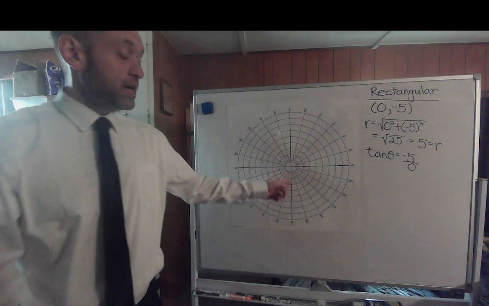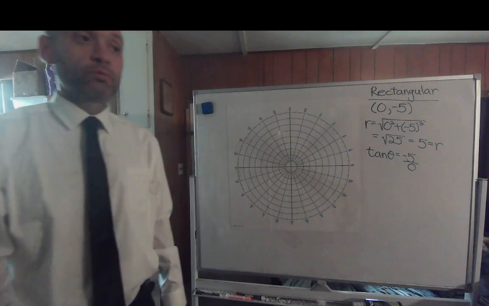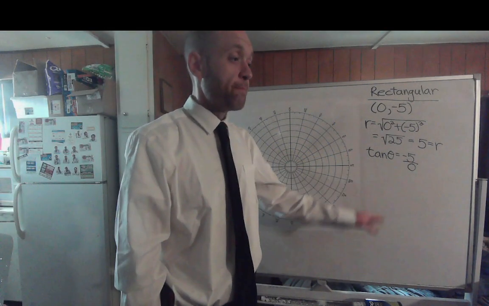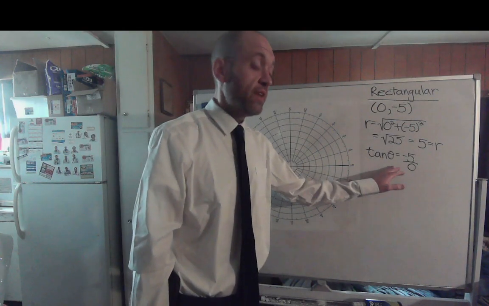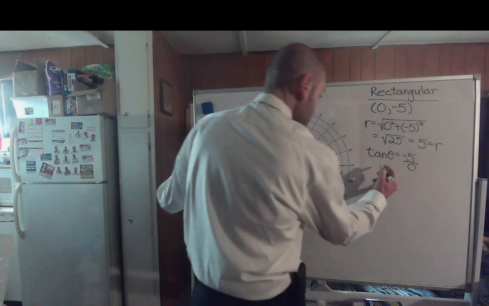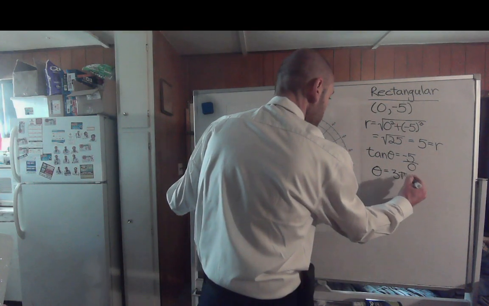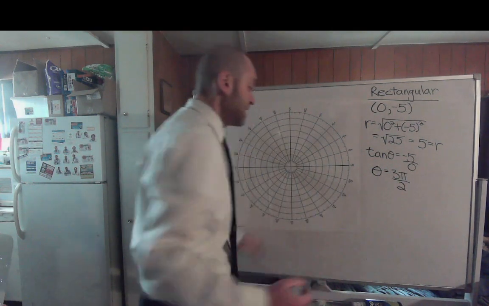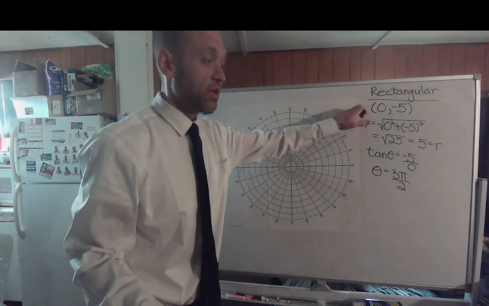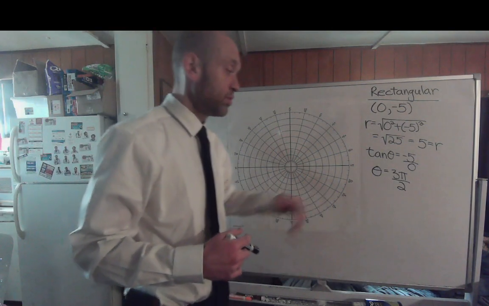Now, at 3 pi over 2, your x-coordinate's normally 0, your y-coordinate's normally negative 1. So we need to figure out the angle that makes a negative undefined value. Well, that's going to be 3 pi over 2. So in this case, theta is going to be 3 pi over 2. We want to end up along the negative y-axis. We want to end up in a similar spot in the polar system.